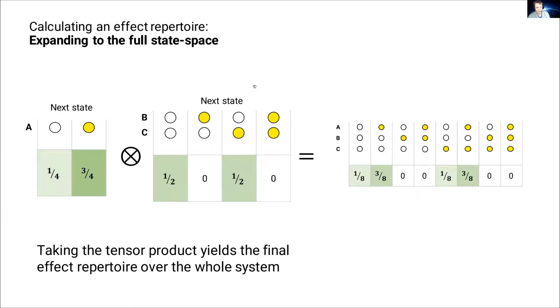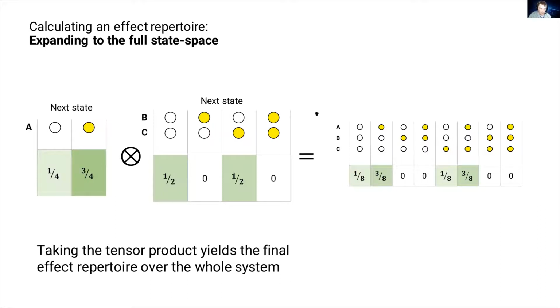the purview is we can take our purview and take the product of our purview with the unconstrained elements outside of the purview. So if you take BC here, for example, and you want to look at what BC and A do together, we just take this probability that BC is in an off state, which is a half, and we multiply it by either of the states that A can take in the next circumstance.